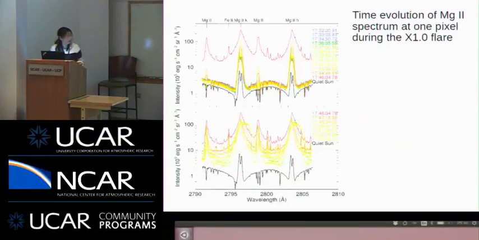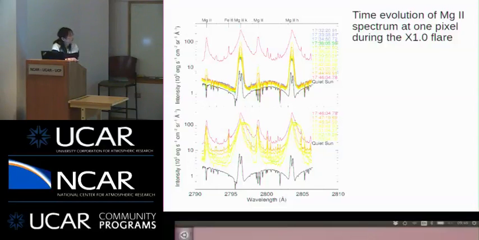During the flare, we plot the spectra in one pixel at slit number 4. The black one is the spectra in the quiet Sun. For comparison, we can see the enhancement of the intensities in the flare.